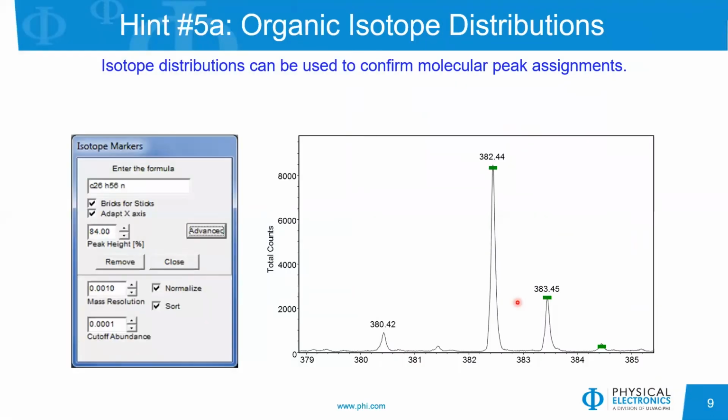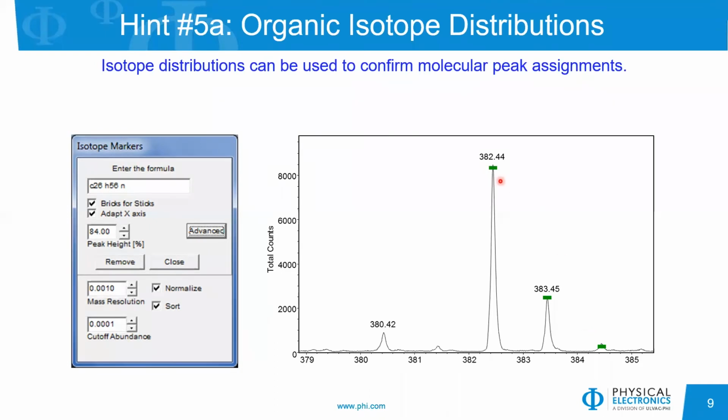And then you can carry that one step further. If you think that you have a good peak assignment based on the calibration, then you can also use the isotope tool that's built into the software, and you can put in a formula for that peak. What the isotope tool will do is put markers on your mass spectrum of what would be expected if that is a correct peak assignment.